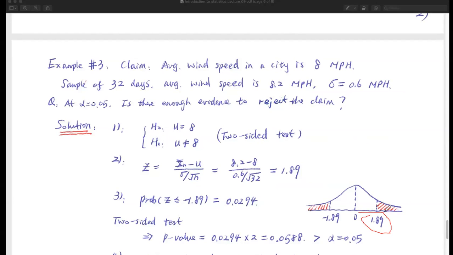We have to determine whether it is one side or two sides, to the left or to the right. Turns out H1 is two sides. That means yes, we have to multiply for both sides. So for the two-sided test, we have to multiply that. All right. So that's what we have for this section.